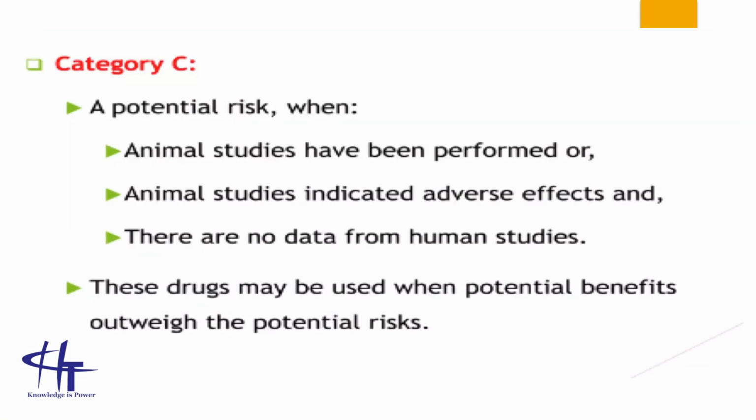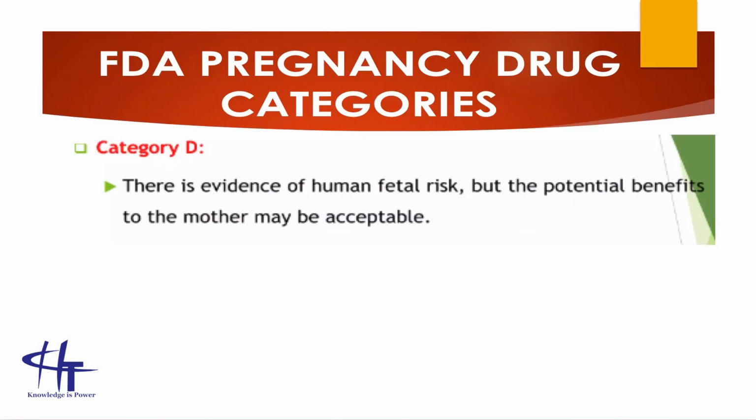We have category C, and in category C, we have seen some adverse effects in animal studies. However, there is no adequate data or information concerning humans. And so they can be used for their potential benefit by the mother. And in category D, we have seen that indeed there is evidence of fetal risk.